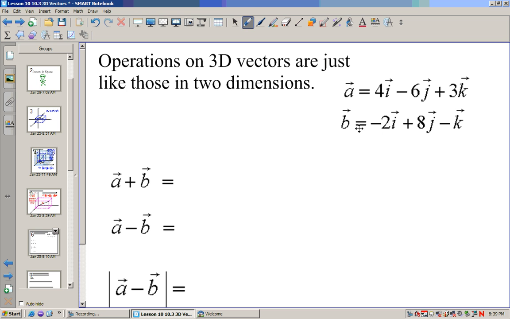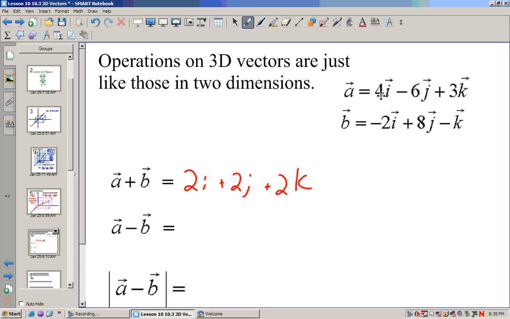Alright, now operations of 3D vectors are just the same as those in 2D vectors. So if I wanted to add a plus b, 4i minus 2i is 2i. This would be plus 2j. And 3k minus k, that would be 2k.